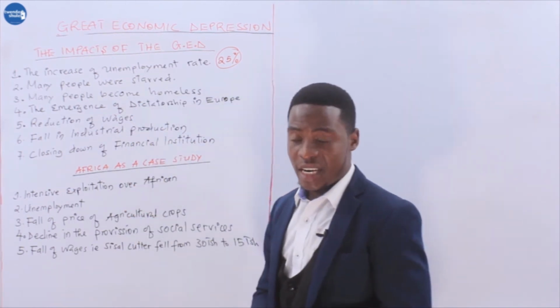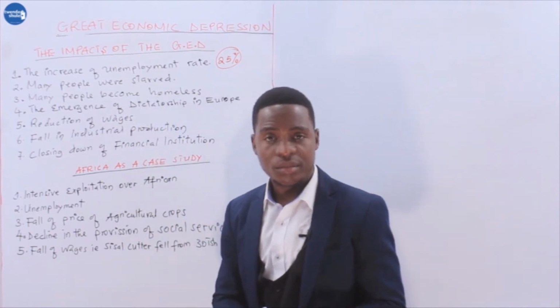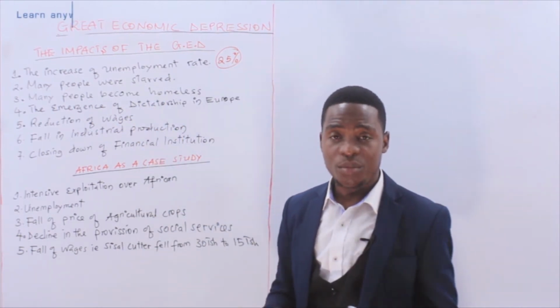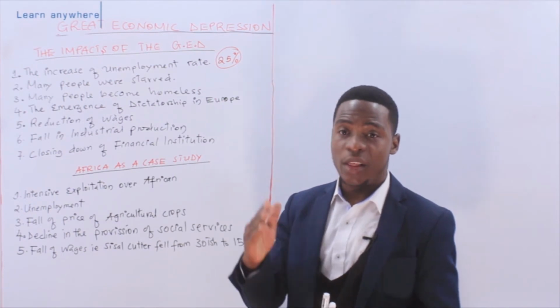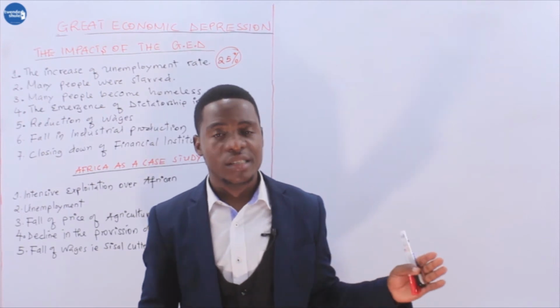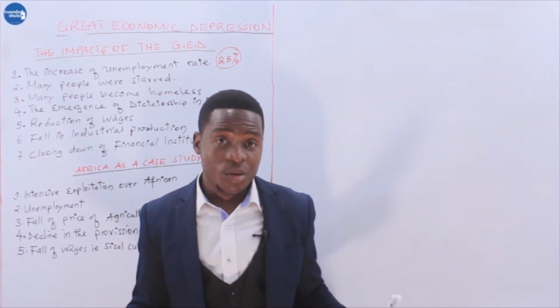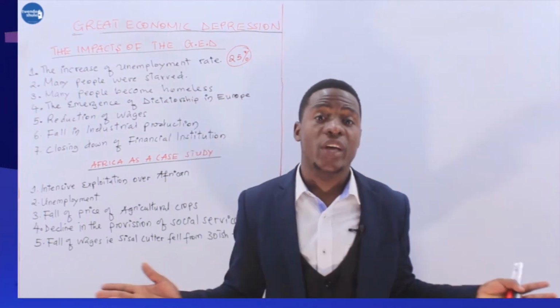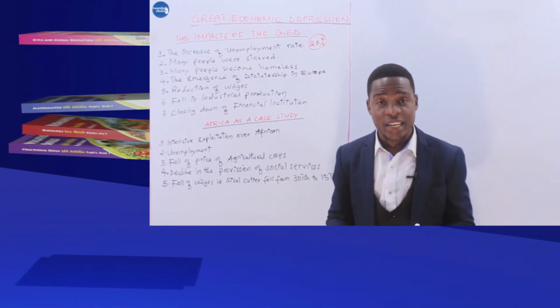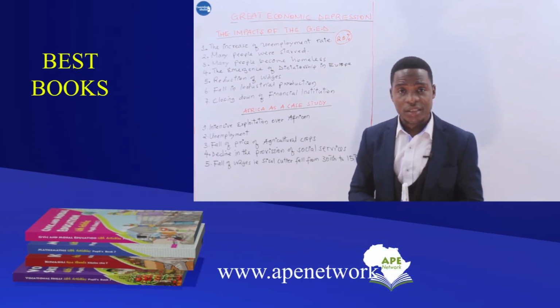Another impact of the Great Economic Depression was that many people became homeless, specifically those living in urban areas, in cities, as tenants. The landlords chased them away because they had no money to pay the rent. People became homeless.